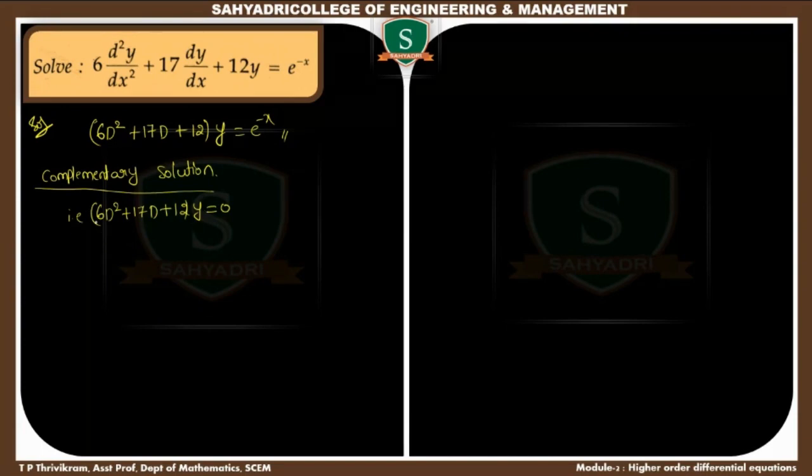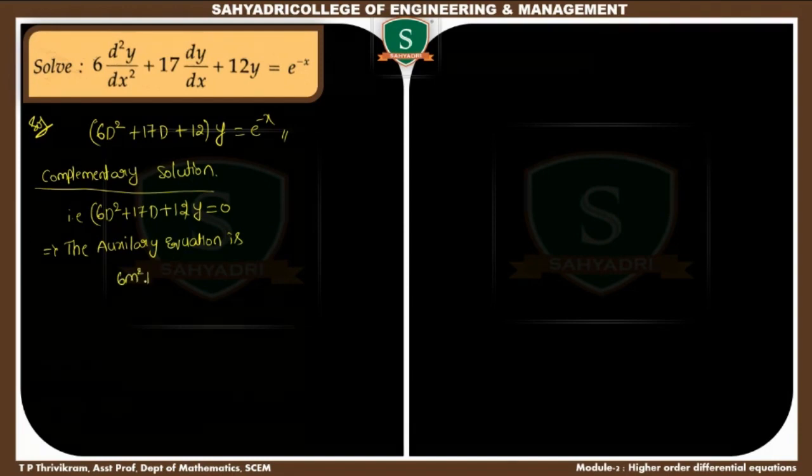First I have to convert this into the auxiliary equation, right? So the auxiliary equation is 6m square plus 17m plus 12 equal to 0.